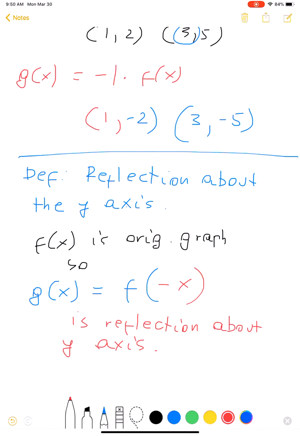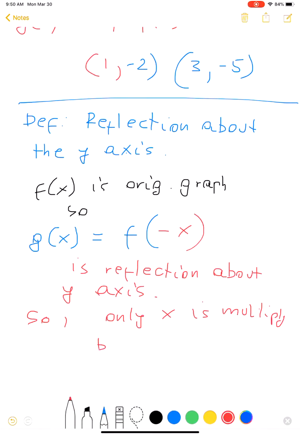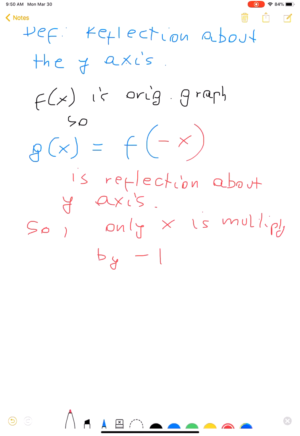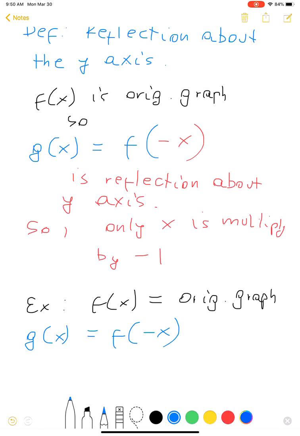Okay, so only x is multiplied by -1. Okay, so example, f of x is the original graph and g of x equals f of negative x, okay, is a transformation of f of x.